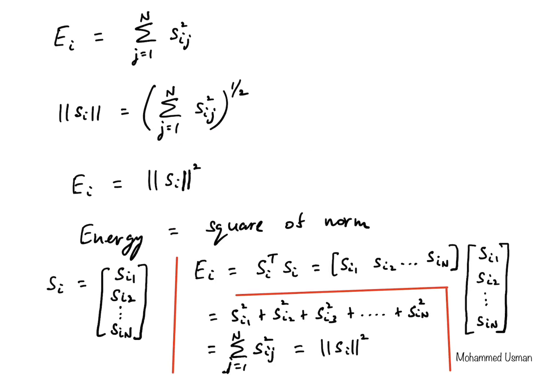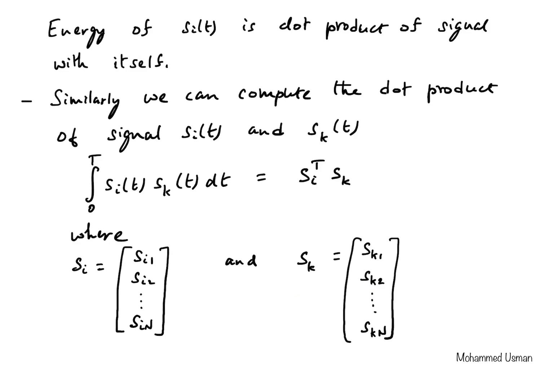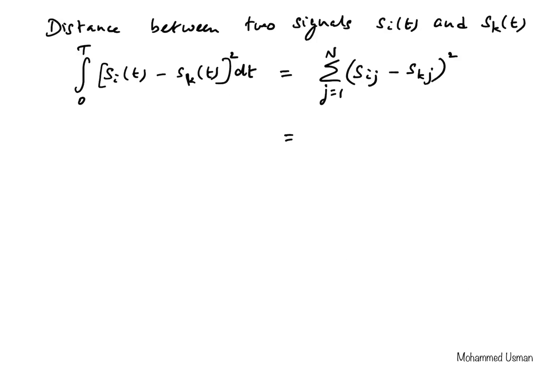If you go back to the definition of the norm of the signal, we saw that the norm of the signal is the sum of Sij squared, to the power half. So when we don't have this half, it is basically the norm squared, and instead of Sij squared we have the difference there. So what we have here is Sij minus Skj the whole square, which is the square of the norm of the difference of the two signals.